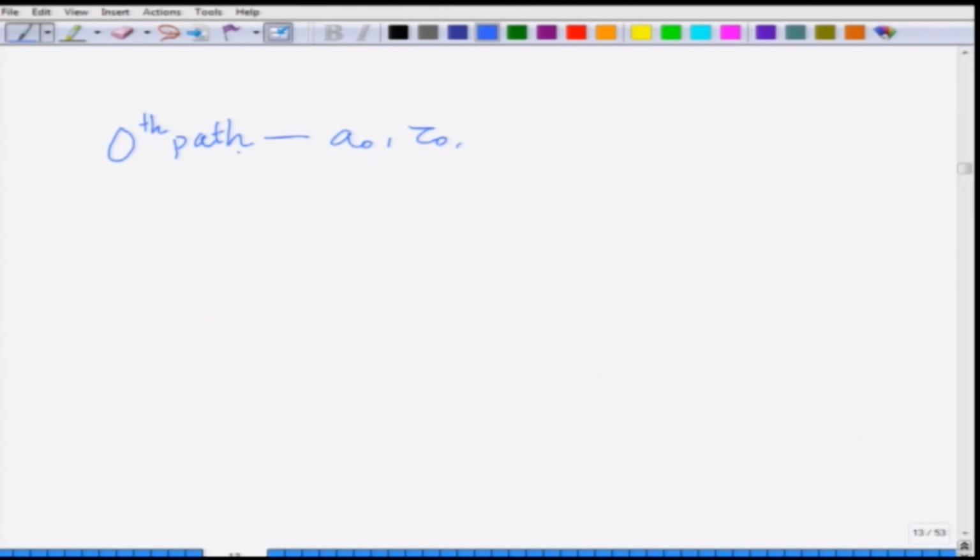Which means the signal corresponding to the 0th path is the signal attenuated by A naught and delayed by tau naught, that is s of t minus tau naught times e to the power of j 2 pi Fc times t minus tau naught.